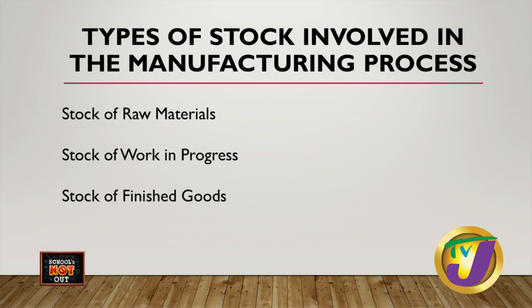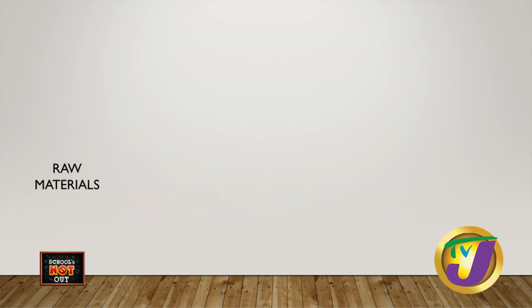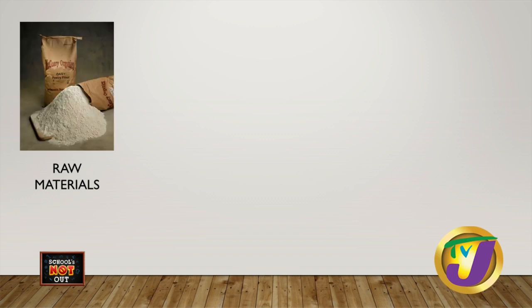So, what are our stocks that are involved in the manufacturing process? 1, stock of raw materials. 2, stock of work in progress. And 3, stock of finished goods. Now, let's see if we can have a pictorial representation of this. If you're baking your patty, you are going to need some ingredients.